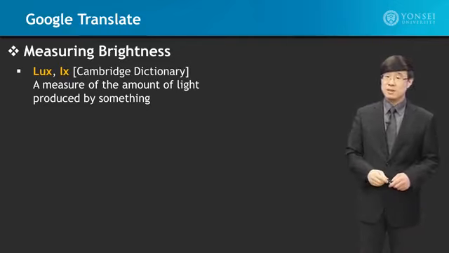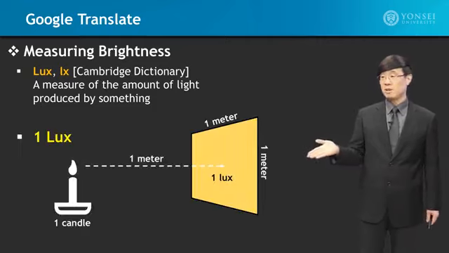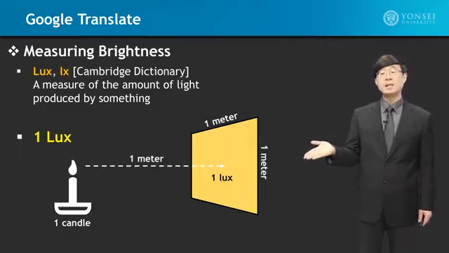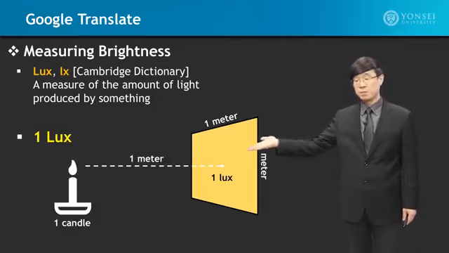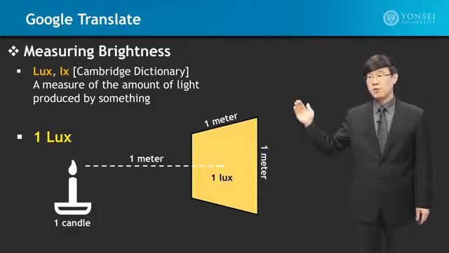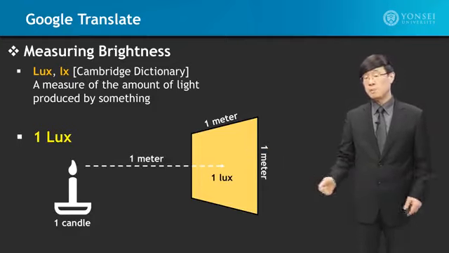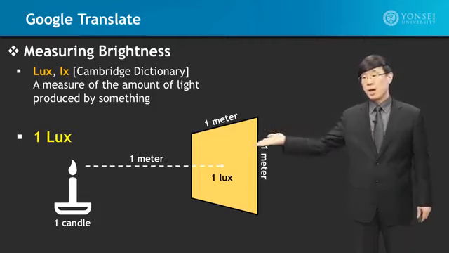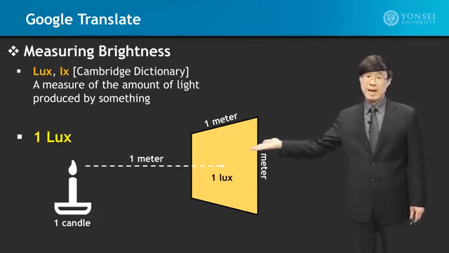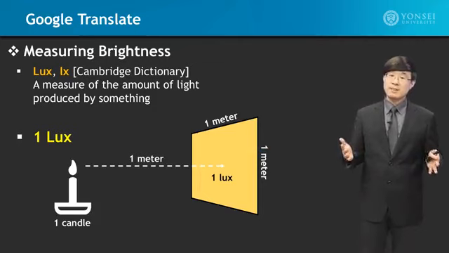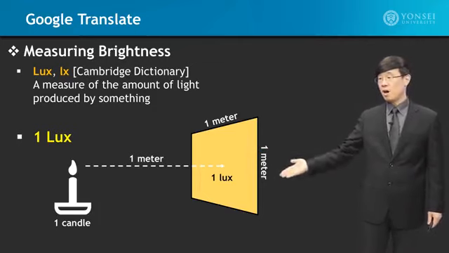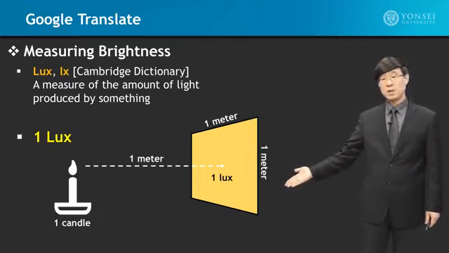A representative lux unit is based on this right here, where 1 lux is based on 1 candle from a surface that you see is 1 meter by 1 meter in a distance 1 meter from the candle. Then the amount of light that is presented on this 1 meter by 1 meter area is 1 lux.